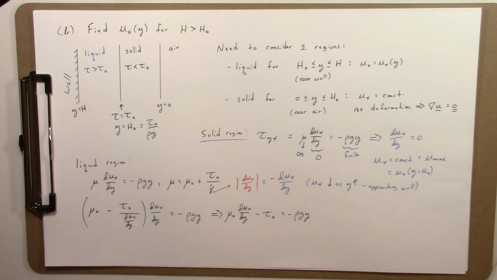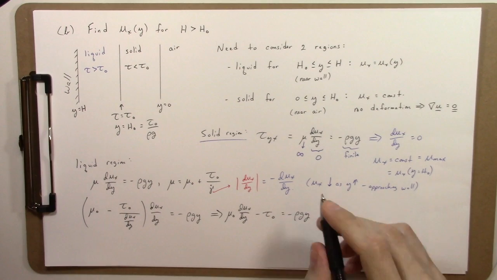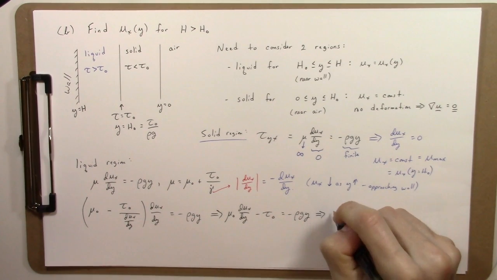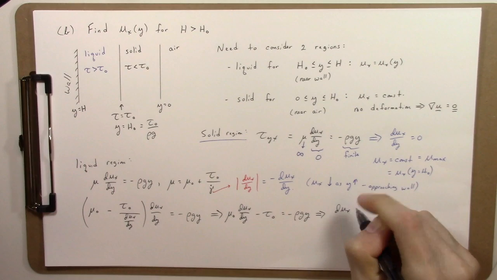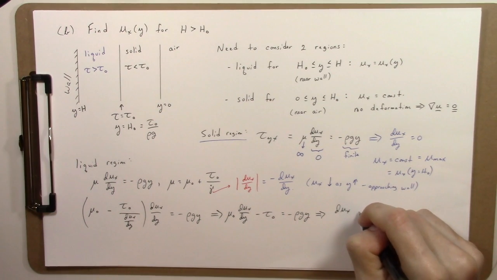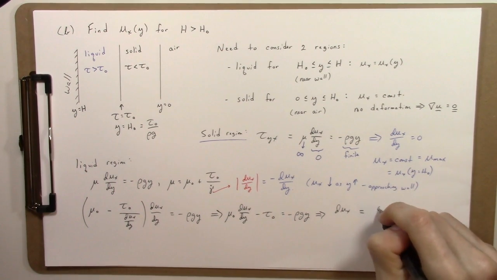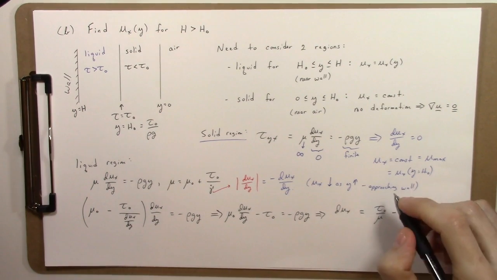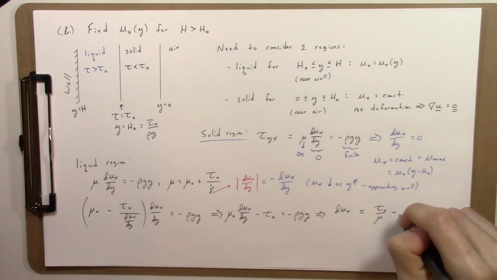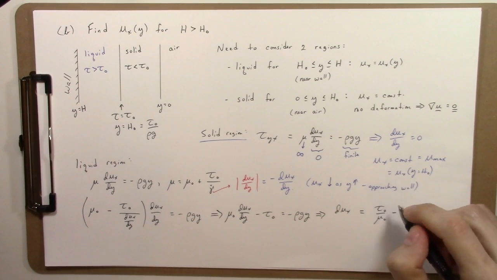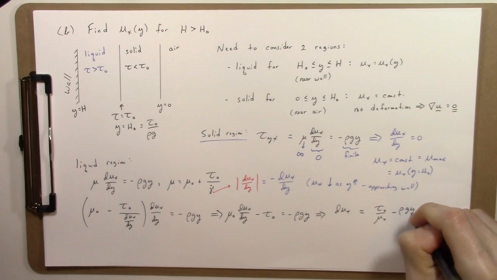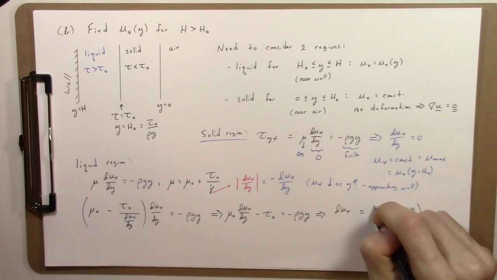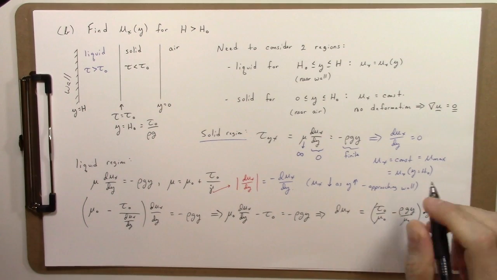So we can now simply divide by mu naught, multiply by dy, and integrate. So we get dux is equal to tau naught over mu naught minus rho g y over mu naught, dy.